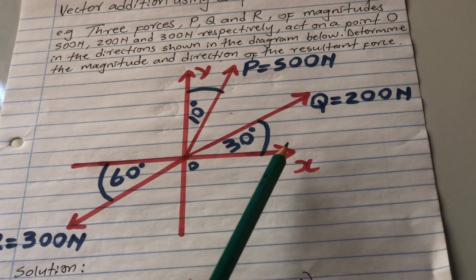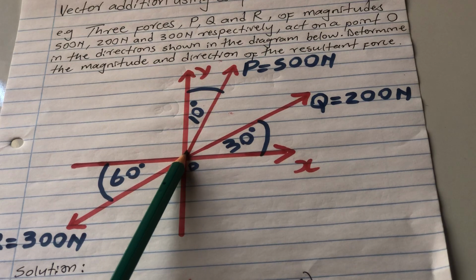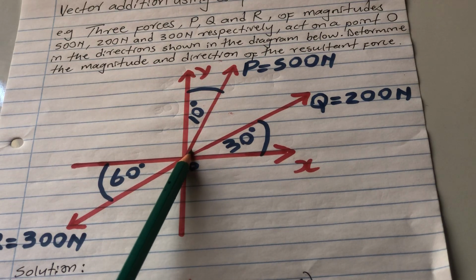So if I'm taking it again from here, vector P will be 80 degrees.